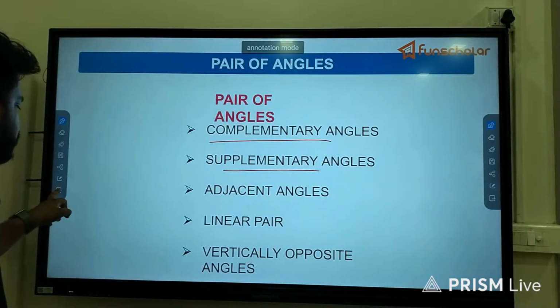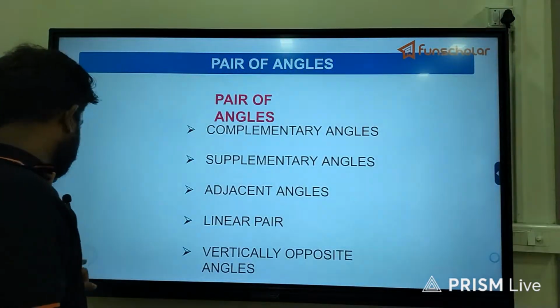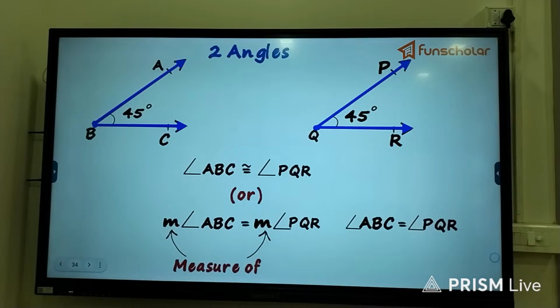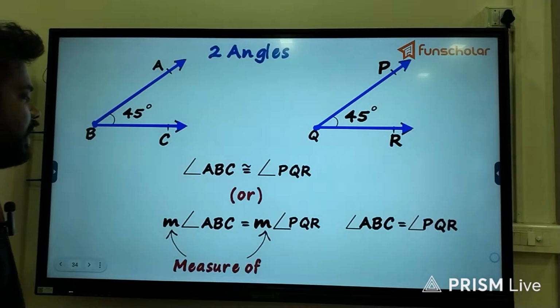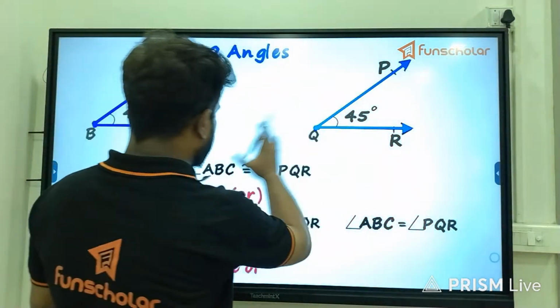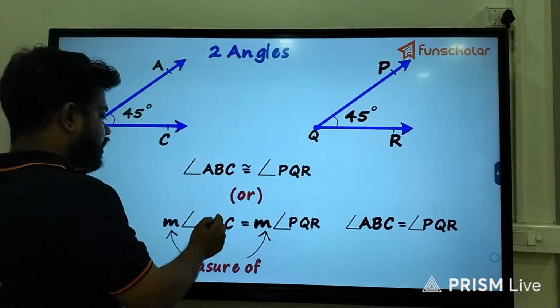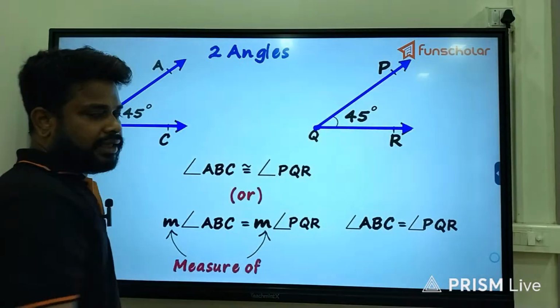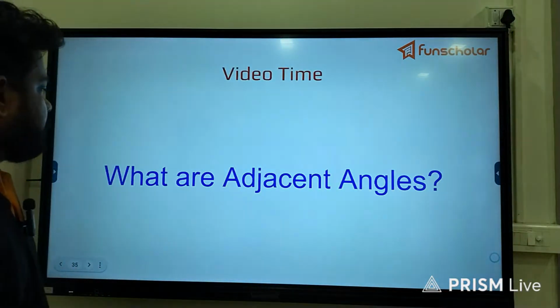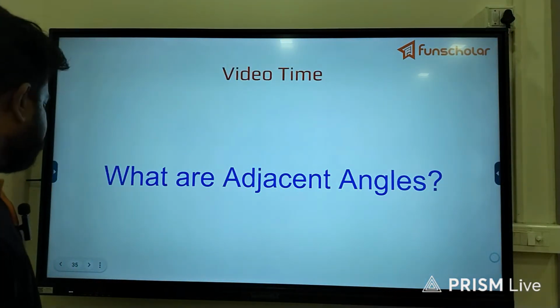So let's go further and discuss it. Here we are getting all the types of two angles, like ABC and PQR. So what are adjacent angles?